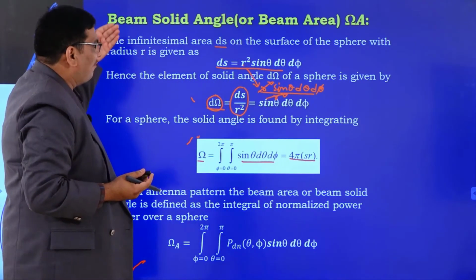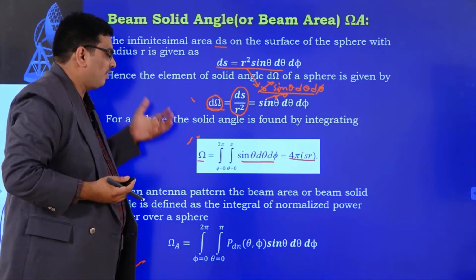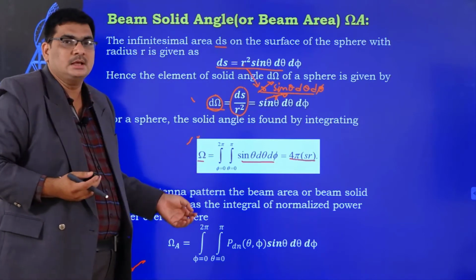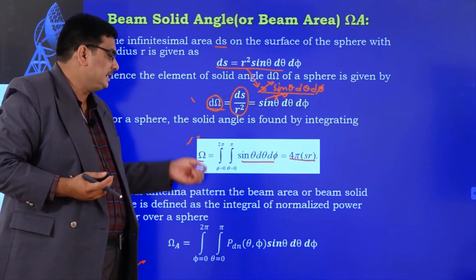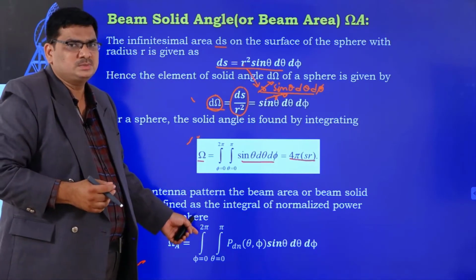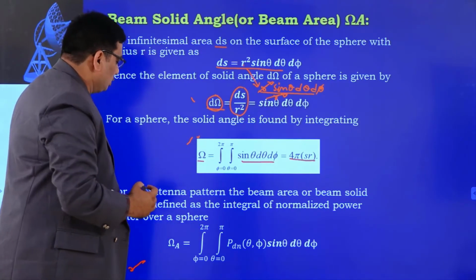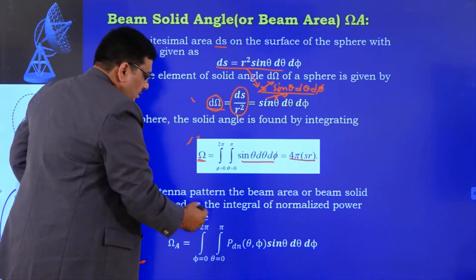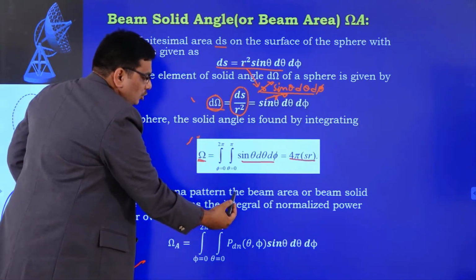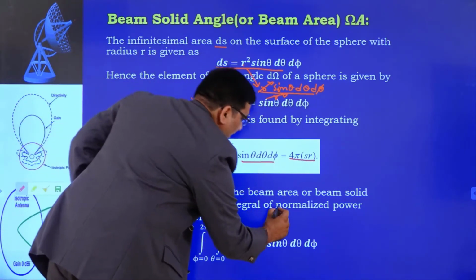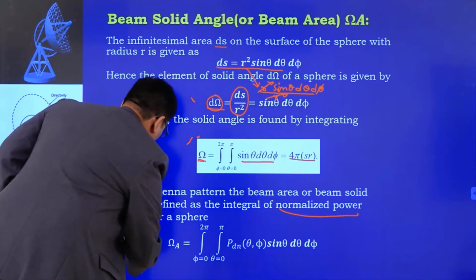So our original definition of beam area or beam solid angle is that it is defined as the integral of the normalized power pattern over a sphere. So we know the solid angle, and this is what our beam area is equal to: the integral of the normalized power pattern over a sphere.